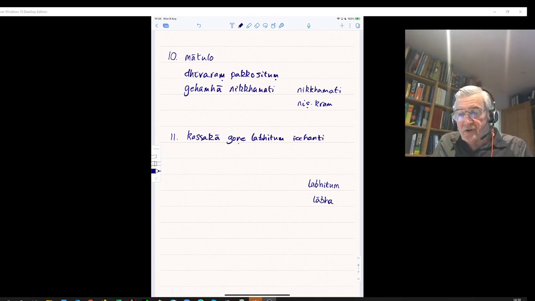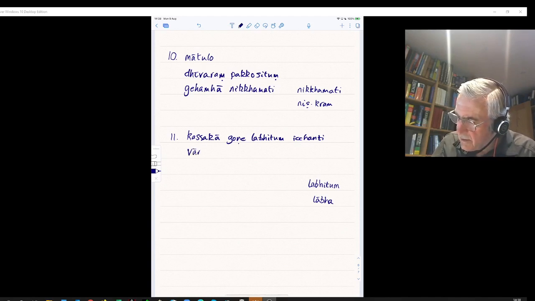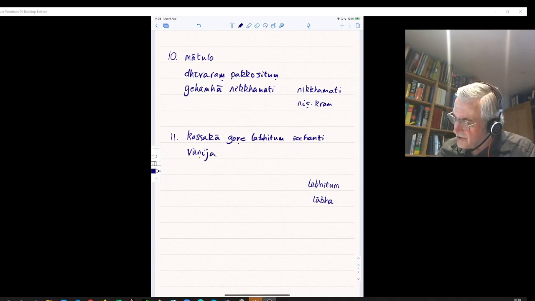Merchants wish to get horses. Exactly the same sentence structure here. Vanija asse labhitum ichanti. Remember, a horse is an assa. Sanskrit ashva, Latin equus.